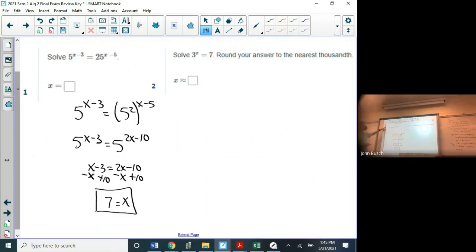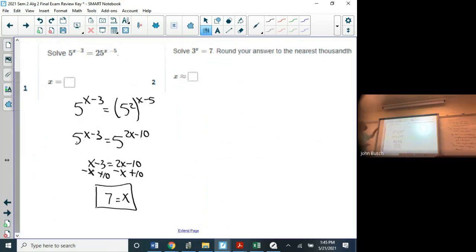And the next one, you have to undo the exponential with 3 to the x. And the way you do that is you take log base 3 on both sides of the equal sign. And when you have the base of the log the same as the base of the exponential, that disappears, just leaving x.